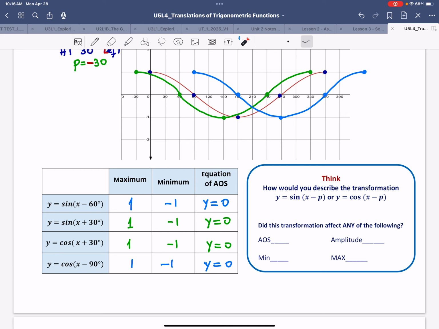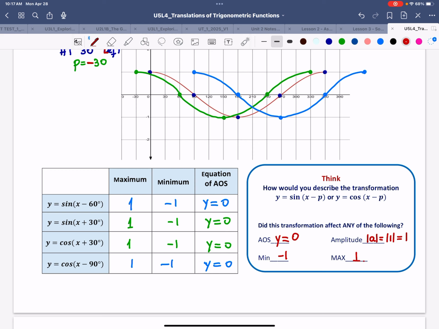So the amplitude will be the same for all these functions, equal to the absolute value of a, which is equal to 1, same as the basic function. The equation of the axis of symmetry remained the same at y equals 0. The minimum and the maximum again remain the same, minimum -1 and maximum +1.